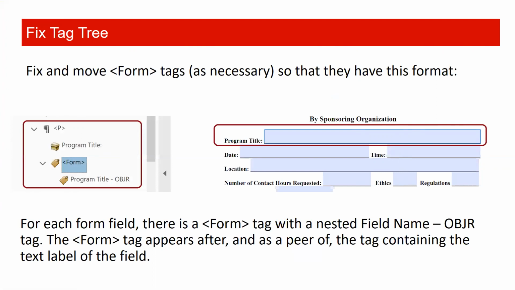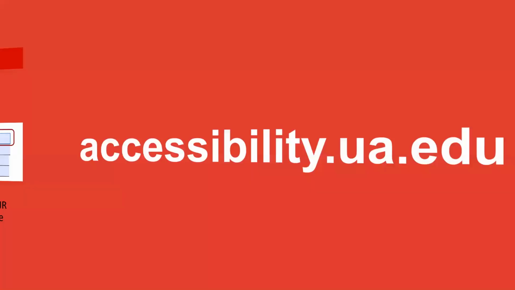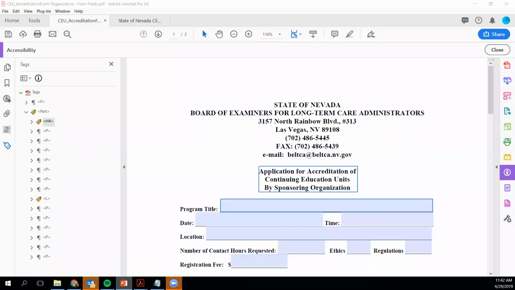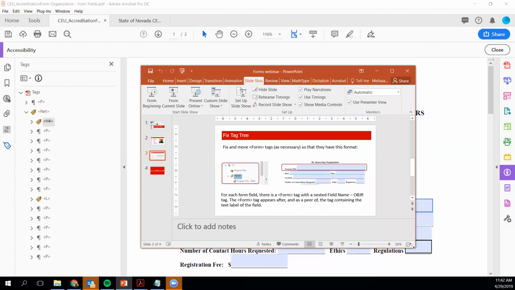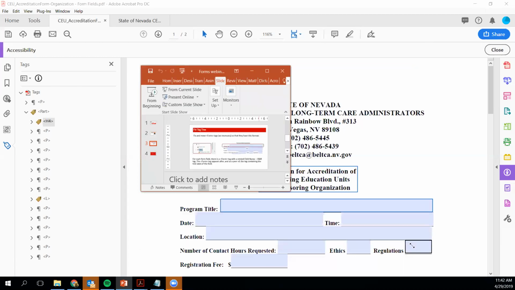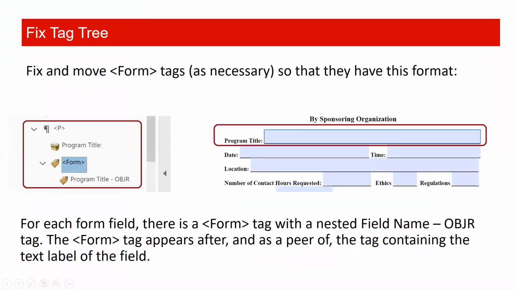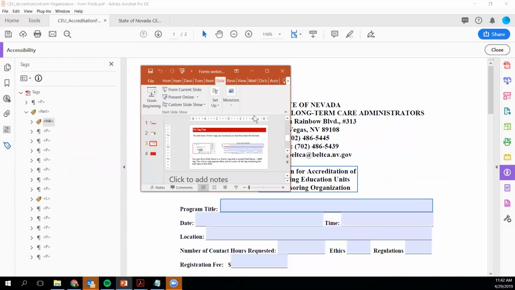We need to go through for each of our form fields and ensure that this is the structure that's in place. Let me see if I can get that image to remain on the screen that I'm sharing, because I think it'll be helpful to have it as a reference. I don't know if I'm going to be able to do that.